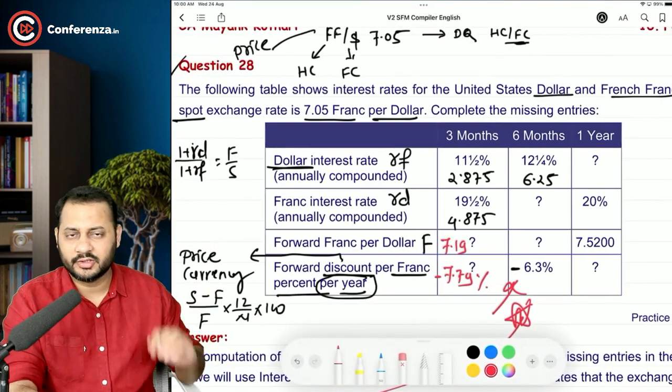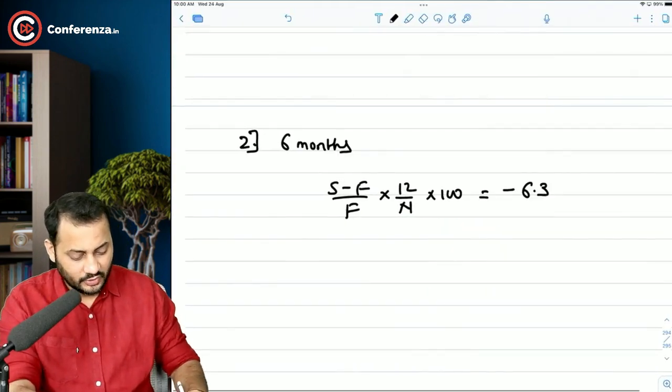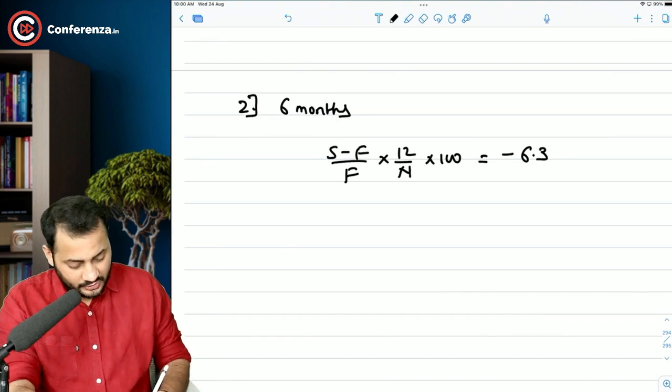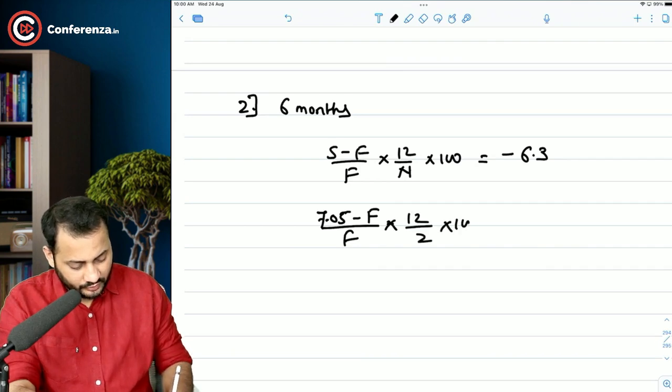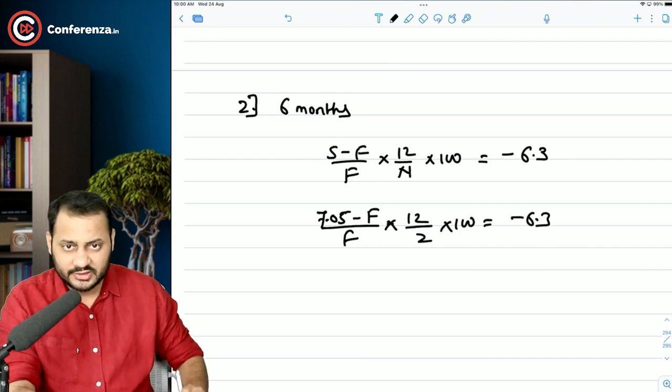Am I right? 6.3% minus, since it is a discount, we have to keep it in minus. Spot rate is 7.05, forward rate is unknown to us, into 12 by 2 into 100. Am I right? So minus 6.3.